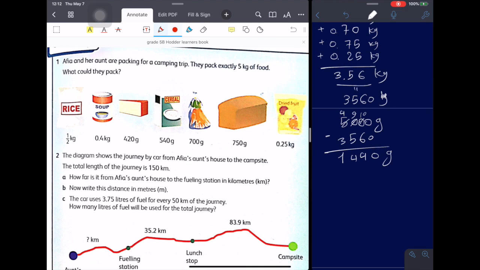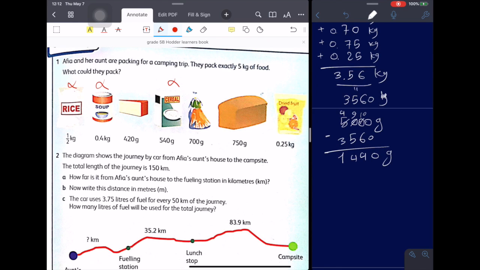Now please take a look at this list of stuff. Which of these are going to make exactly 1,440 grams of weight? I could say that I may take some extra rice alongside cereal and some soup.